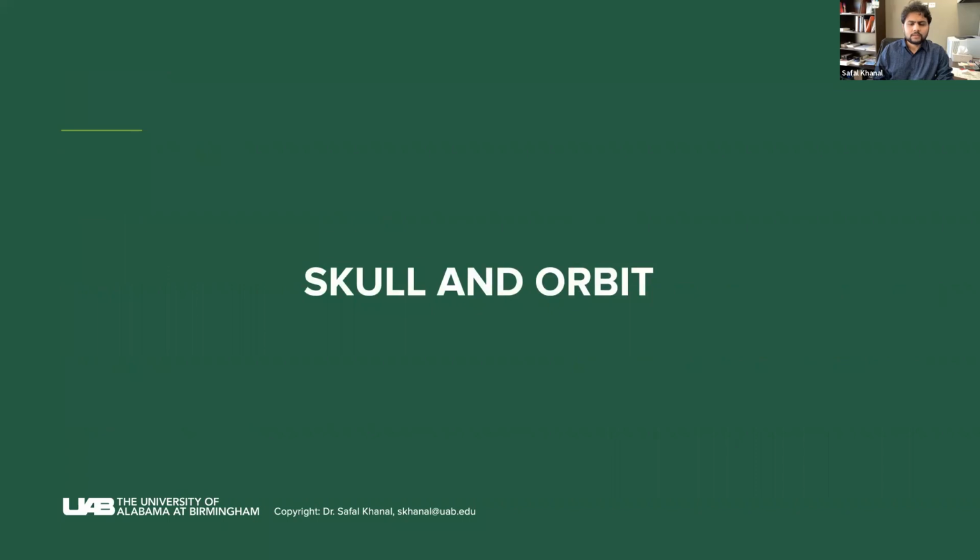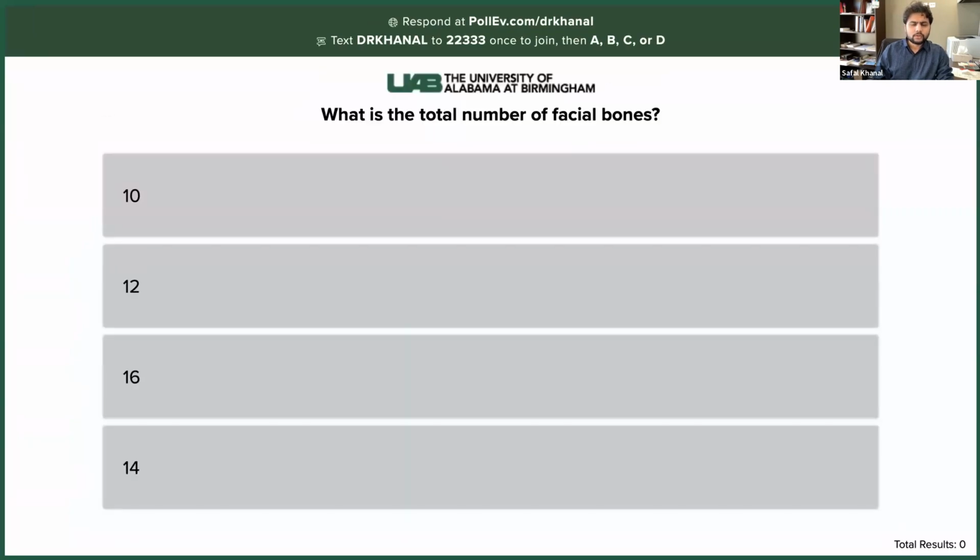Okay, let's start with the skull and orbit. Here's a quick poll question for you to begin with. What is the total number of facial bones: A, 10; B, 12; C, 16; and D, 14? You can respond to this poll by clicking on the link in the chat box.